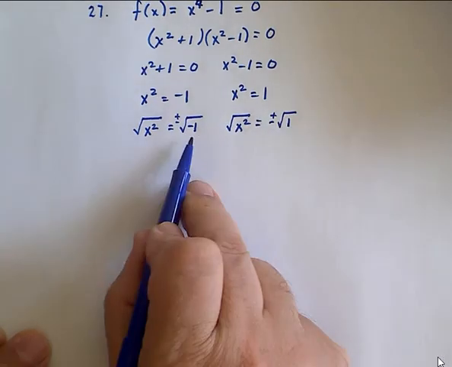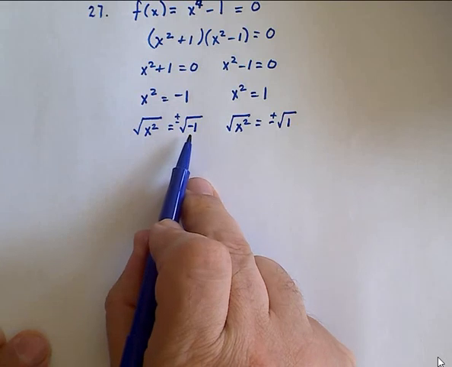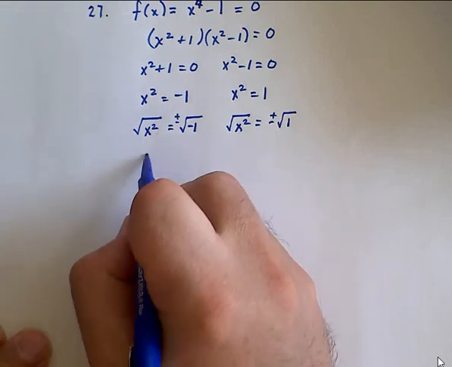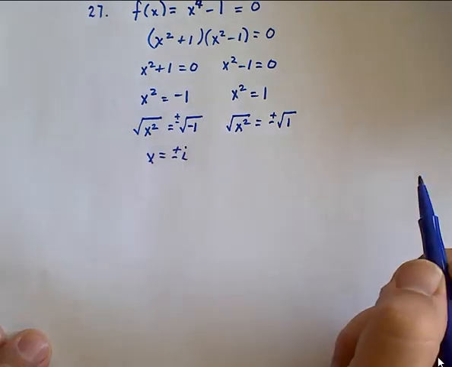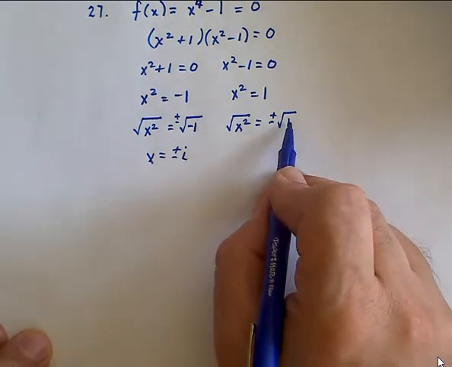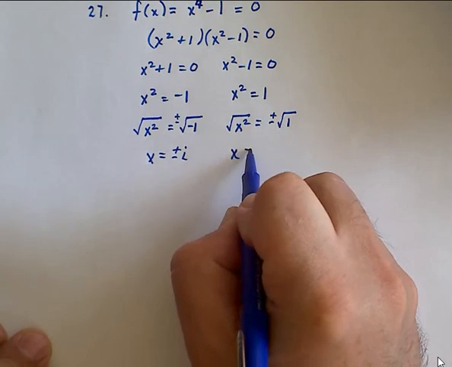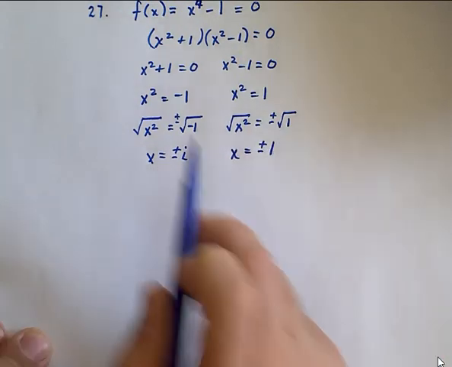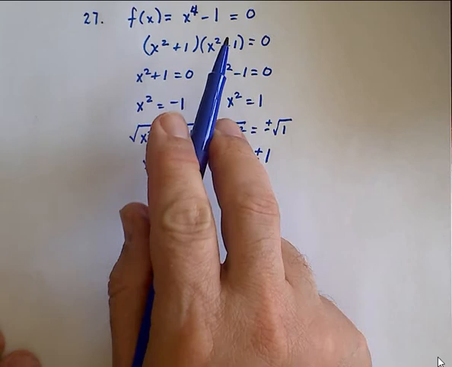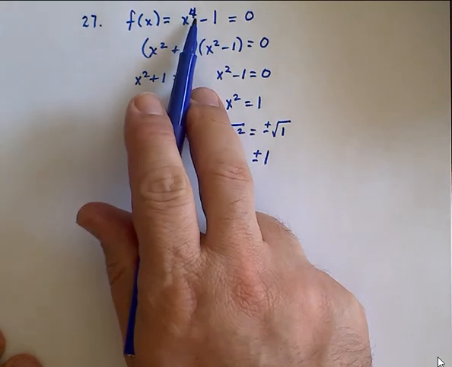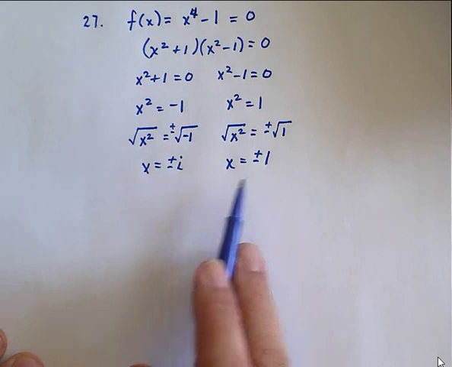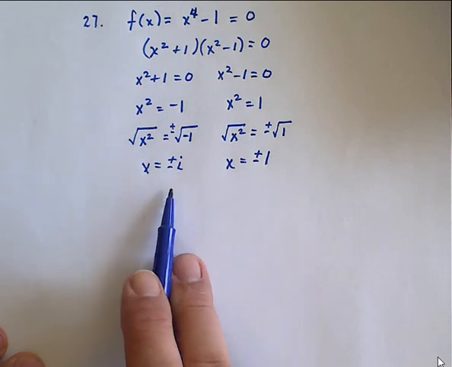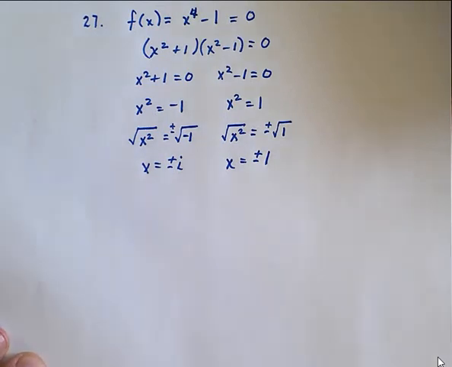Remember, the square root of -1 is just i. So x equals plus or minus i. There are 2 answers. Here, the square root of 1 is 1, so x equals plus or minus 1. The degree up here says I should get 4 solutions, and here they are: 2 real, 2 complex.